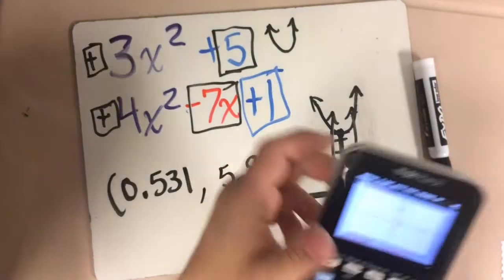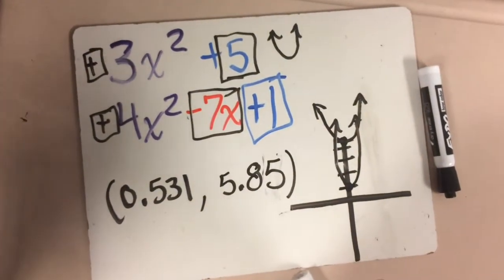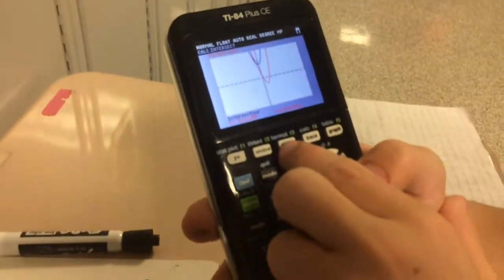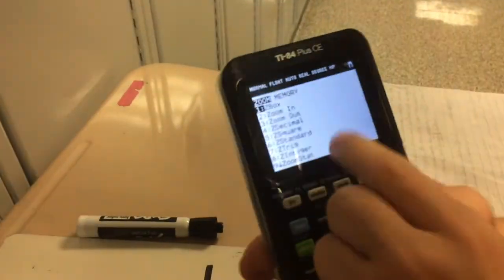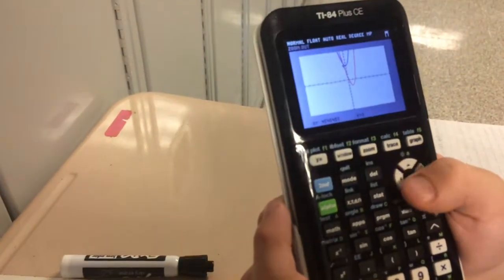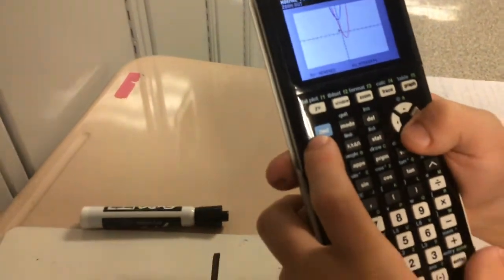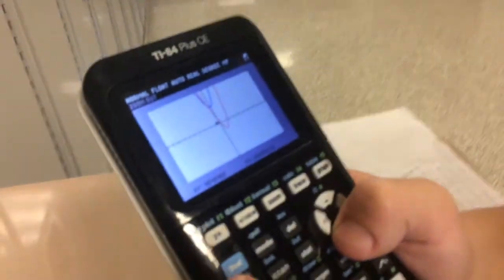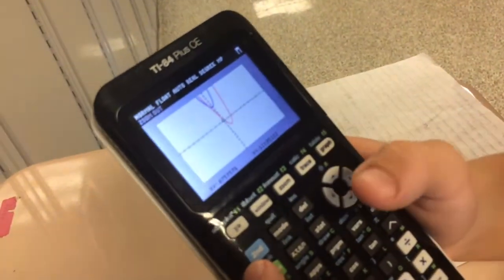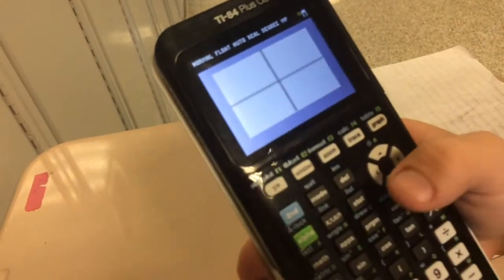Now we go back to the calculator, go to find the second intersection, but as you can see, it's not very viewable up there. So we're going to click zoom, we're going to zoom out, and we probably want to zoom out at around 0, 0. Right around there.